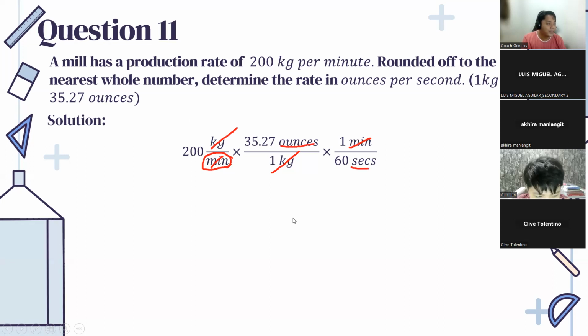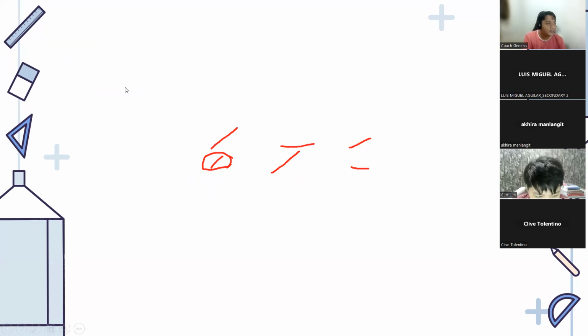When you simplify this, it will give you 117.57 ounces per second, or 118. So the nearest whole number is 118 ounces per second. So the answer for 11 is 118.